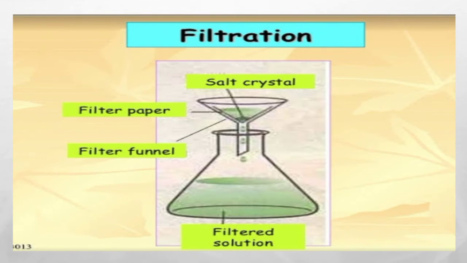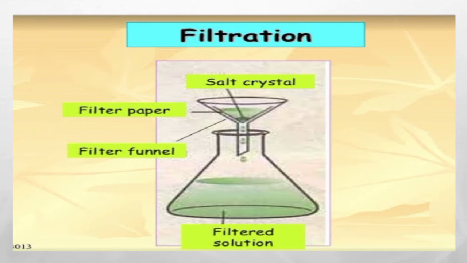In filtration, a solution containing insoluble substances is passed through a filter paper. On doing so, the liquid passes through the filter paper while the insoluble substance gets retained on the filter paper, means remains there only on the filter paper.